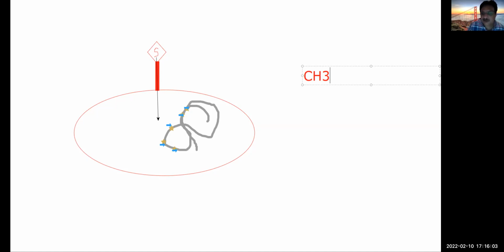So methylation is addition of a methyl moiety, that is CH3. So bacteria has a system which can prevent the bacteriophage from attacking the bacteria.